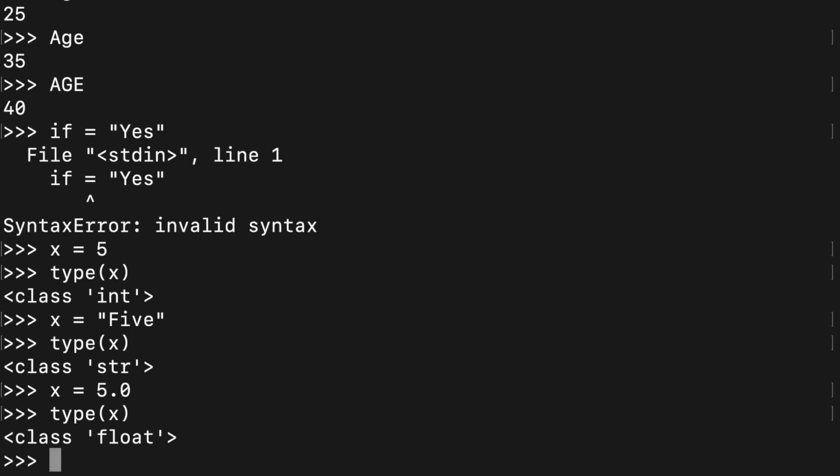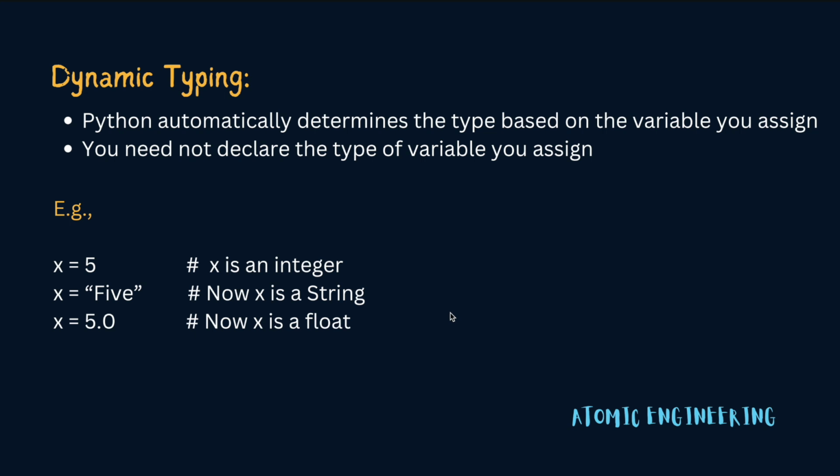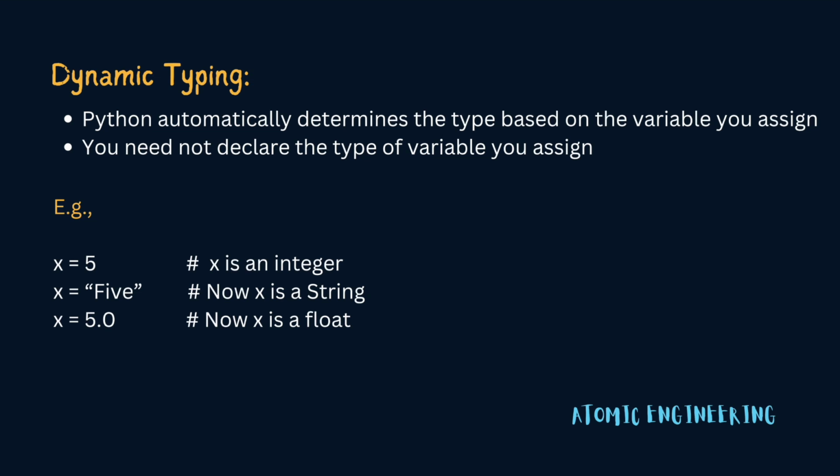If you see type of x, it is now a floating point. So depending on the value that you are assigning to a variable, Python will automatically determine the type. While this flexibility is convenient, it's generally good practice to keep a variable's type consistent throughout your program to avoid confusion. And we will talk about data types in the next video.